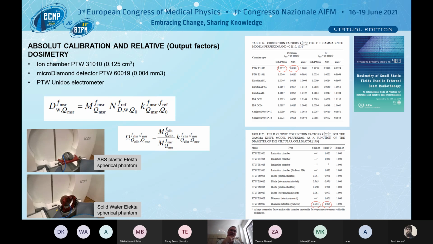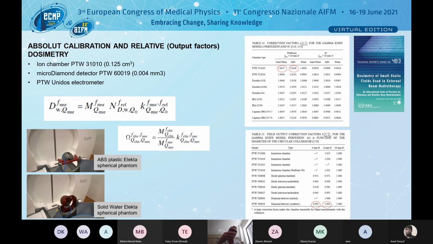So you have to be very careful. That's one big red flag when you are measuring relative dosimetry for very small beams.